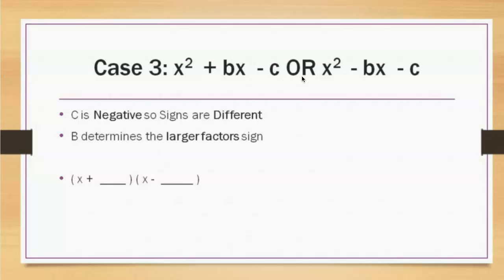So I'm going to have opposite signs, and then the middle term is going to determine which factor gets that sign. So if my middle term's positive, the larger factor will be positive. If my middle term is negative, my larger term will be negative.